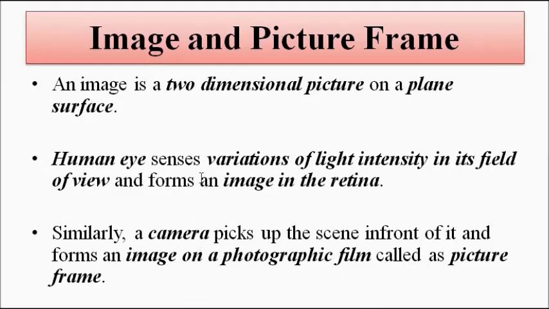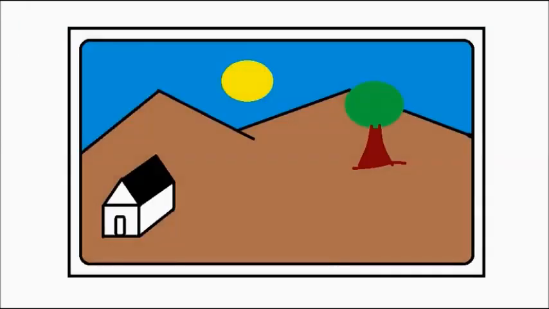Similarly, the human eye senses whatever is happening in front of it in terms of light intensity and color, and forms an image on the retina. So whatever is within our field of view is called the image or the picture frame for us.